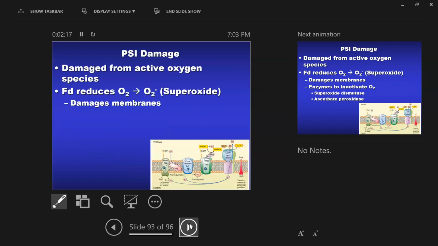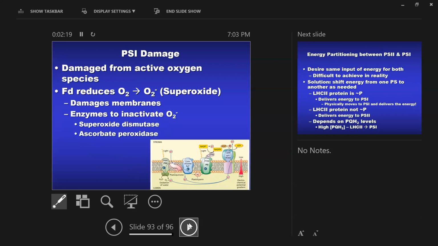And then photosystem 1, again, just knowing that you can get free radical formation. You don't have to know superoxide and all of that. Free radicals, and that they're not a good thing, damaging, and that we have certain enzymes too that help with free radical damage.